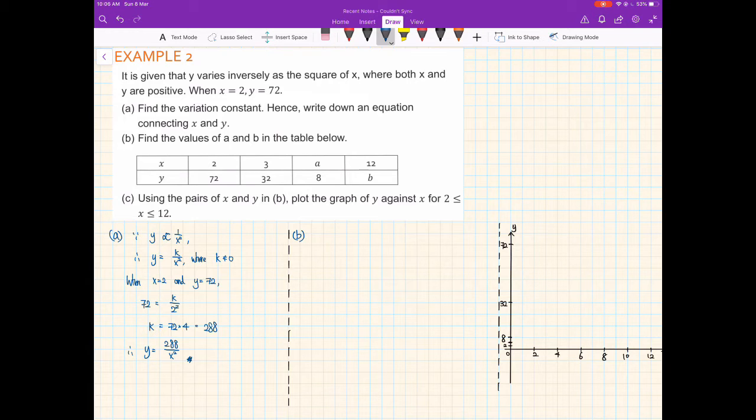B. Find the values of a and b in the table below. From this table, we observe that when x equals a, y equals 8, and when x equals 12, y equals b. We can substitute these two pairs into this equation to find out a and b.